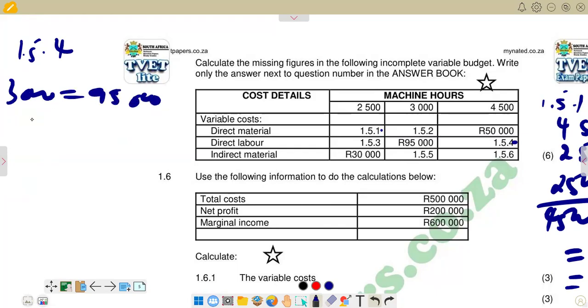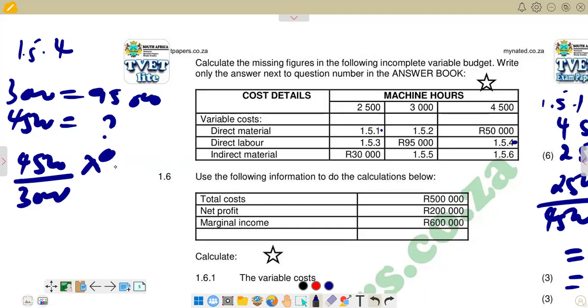The one that we want is 4,500, question mark. So we are looking for the figure for 4,500. So we are saying 4,500 there as our numerator, and we divide by 3,000.